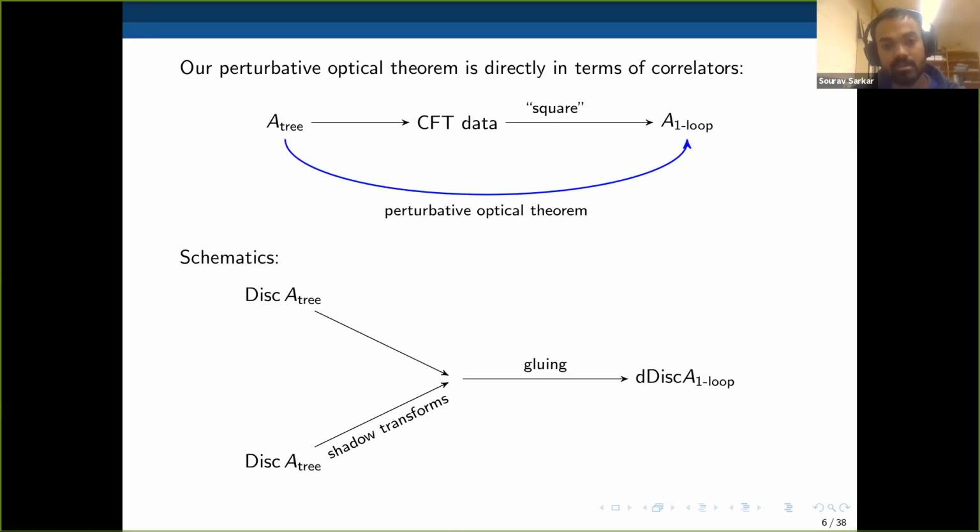What we want to do is we want to take the tree-level correlators, and instead of going through CFT data, we would like to glue tree-level correlators to obtain a one-loop correlator. And schematically, we'll take a single discontinuity of two tree-level correlators, implement some shadow transforms, and then the gluing will give us the double discontinuity of the one-loop correlator.